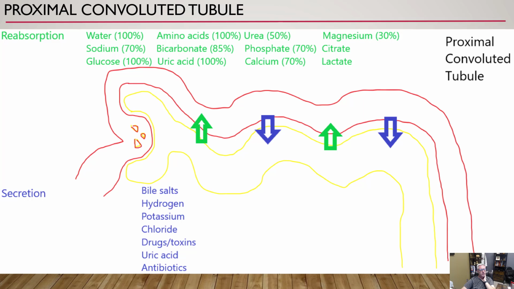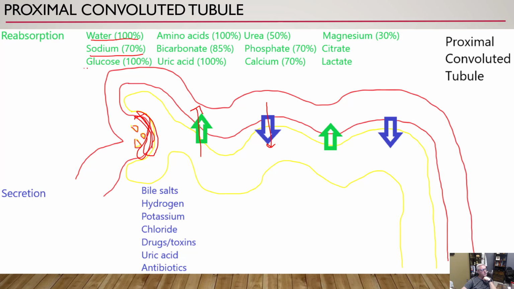All right, so you can see what happens in the proximal convoluted tubule. You don't have to know this 100%. So, we have filtration that occurs here. We've already talked about filtration, but reabsorption, remember, goes from the tubule into the bloodstream, and secretion goes from the bloodstream back into the tubules. Water is 100% reabsorbed.